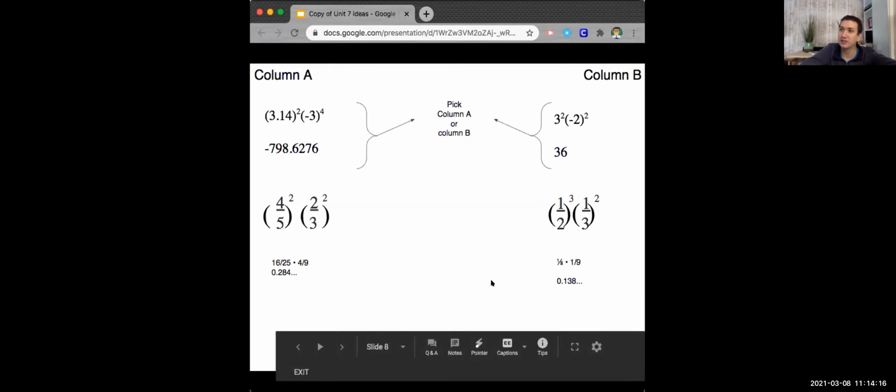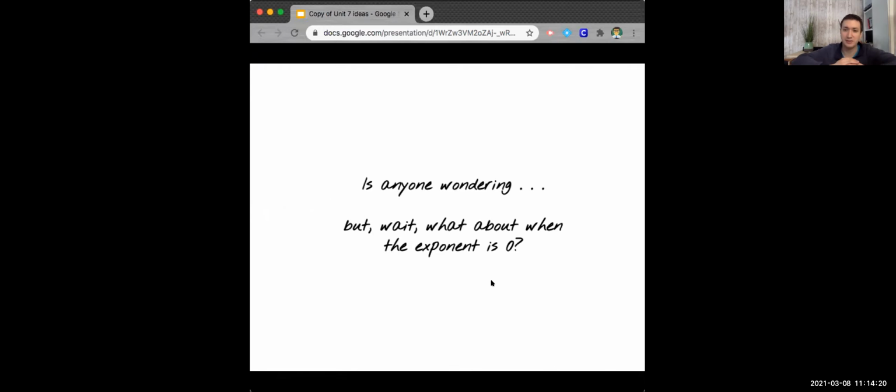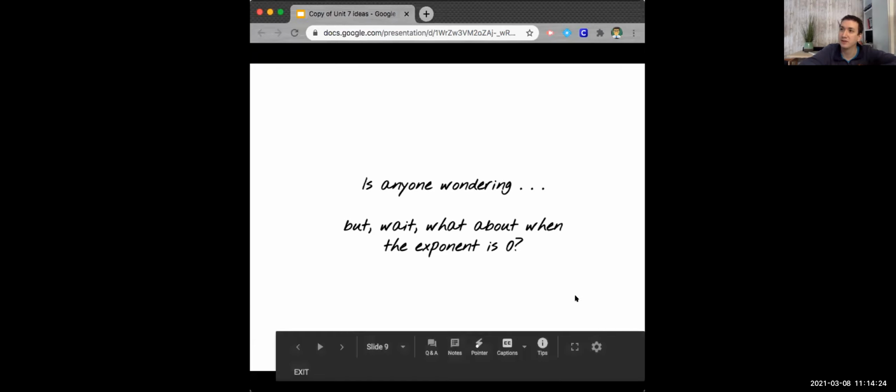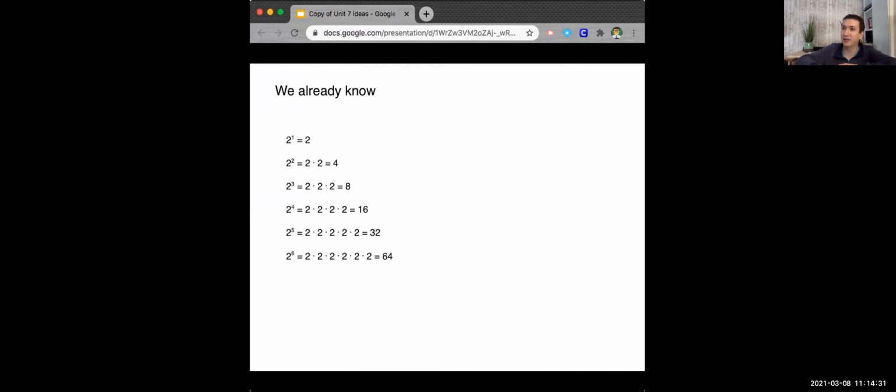Now we're going to get into something a little bit different. We're going to talk about, well, what happens if the exponent's 0? So again, watching for patterns. We have some ideas in chat already. So we already know that there's this pattern.